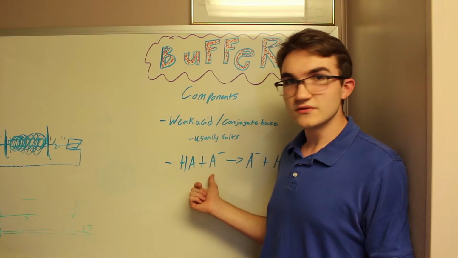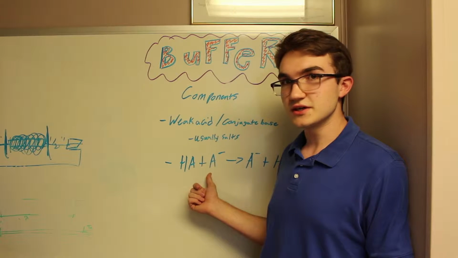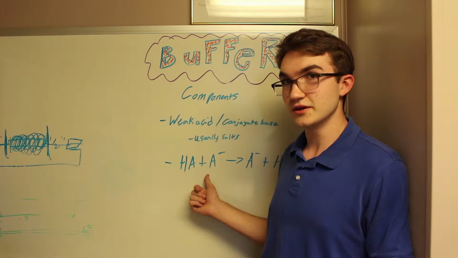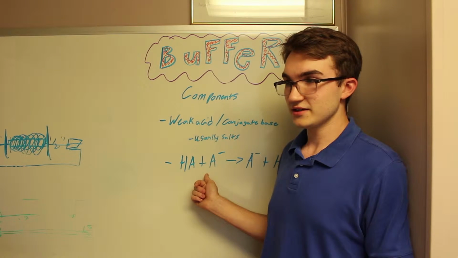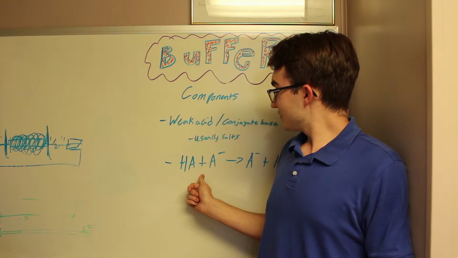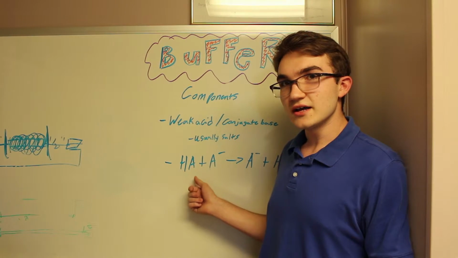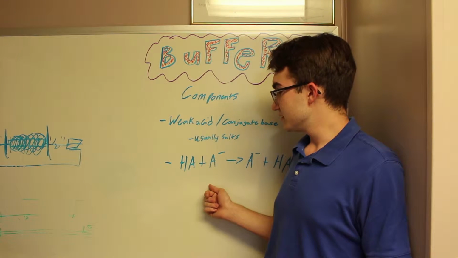And also, the conjugate base will not remove a proton from the water molecule, H2O, because it is weak. This being said, they remain in high concentrations in the solution.